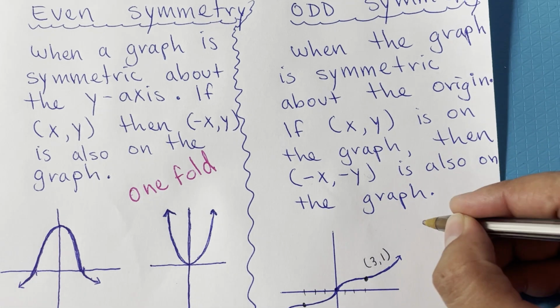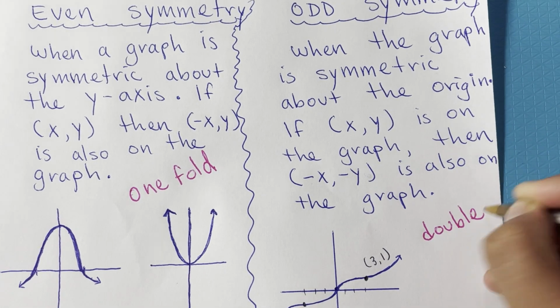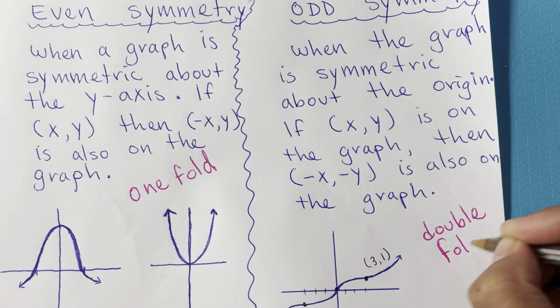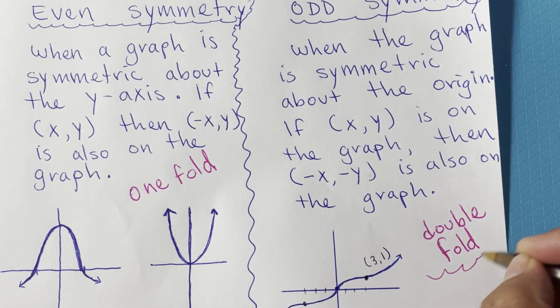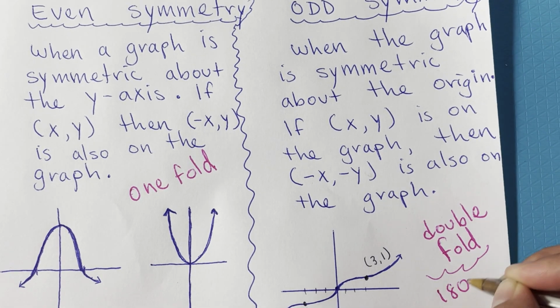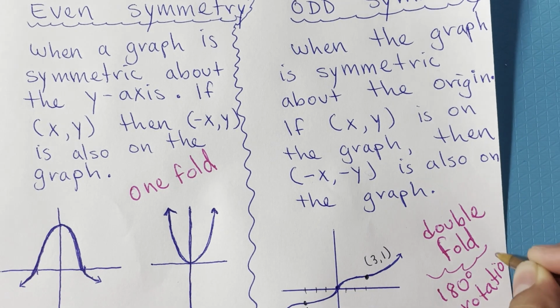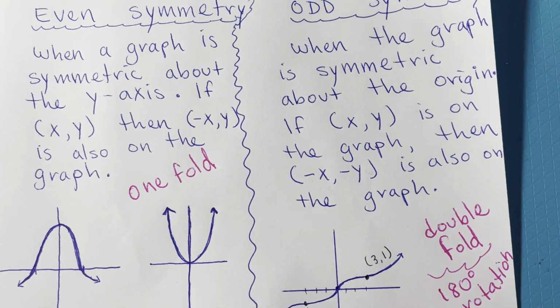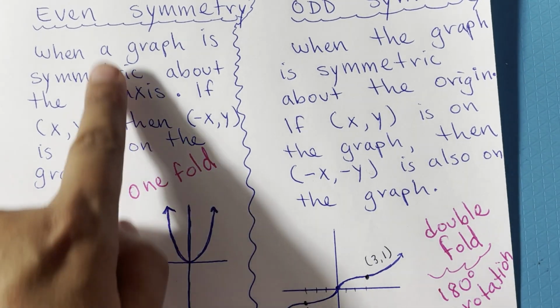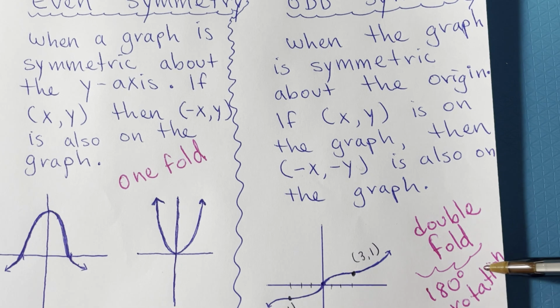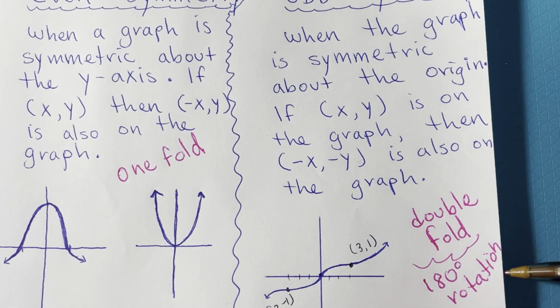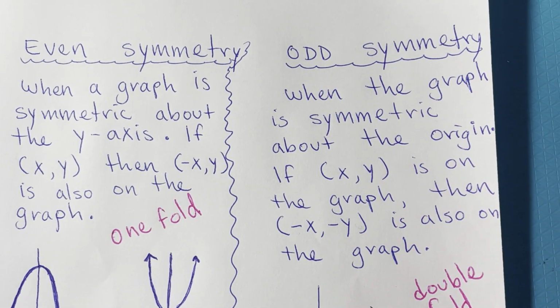For this one, it's double fold. Or even better, a rotation, a 180 degree rotation. Okay, and again, if it has one fold, that's even symmetry. If it has 180 degree rotation, then it has odd symmetry.